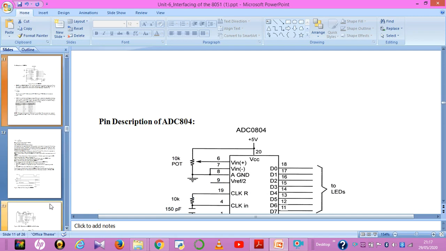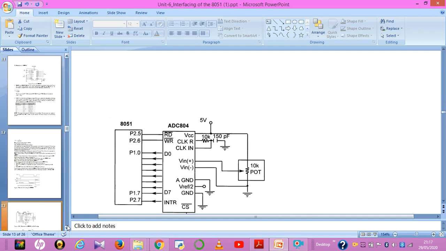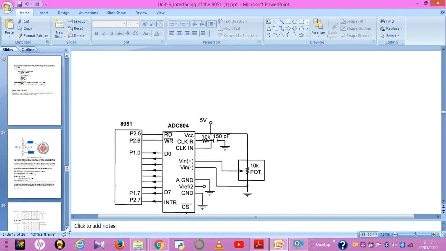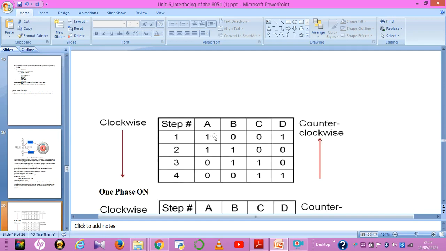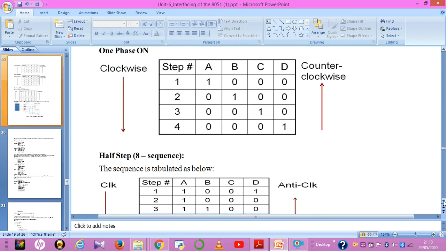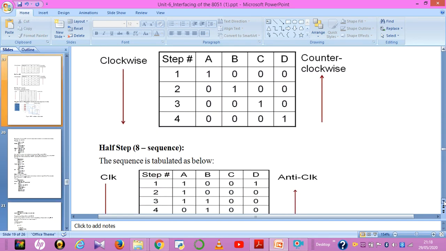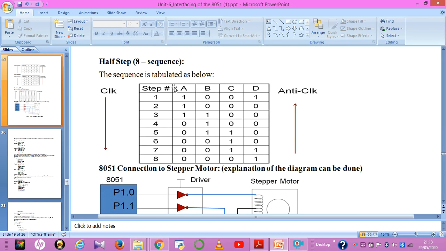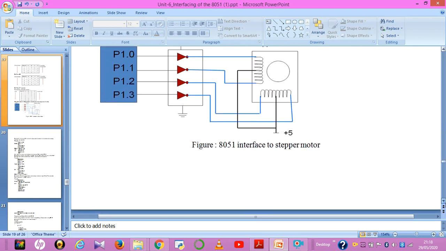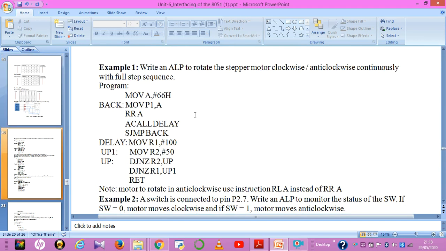This sequence gives a value 66, and likewise it gives other values, 4 values for full step. Half step again gives 8, 4, 2, 1 sequence to follow. BCD code is followed to calculate the values. Again, this is for half step. For full step, the first value you have to give is 66 to rotate clockwise.